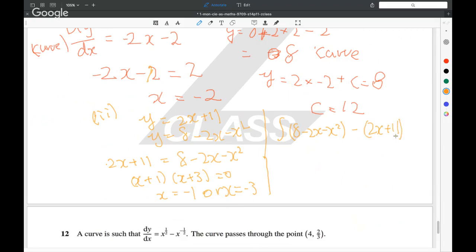That symbolizes the area under the line, dx. And then apply the limits. That'll give you 1 1/3.